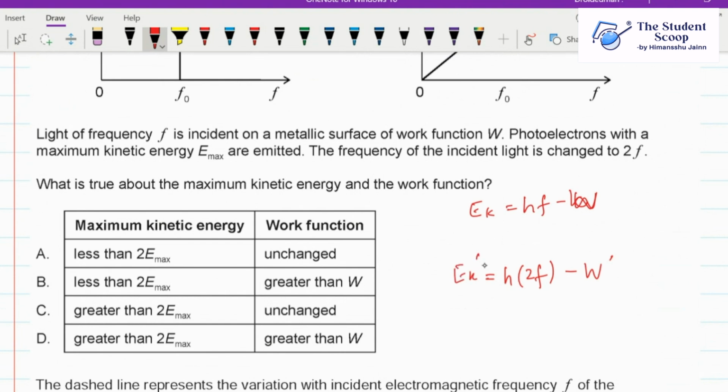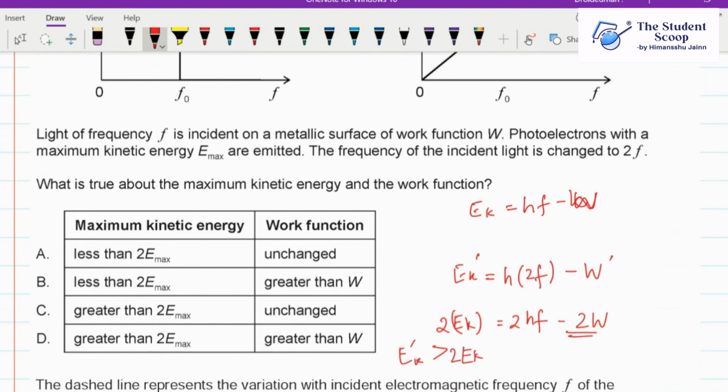Now, obviously, when we talk about 2 times Emax, basically it is equal to 2hf minus 2W. So you can see that the max kinetic energy here, E dash, is greater than 2 EK.